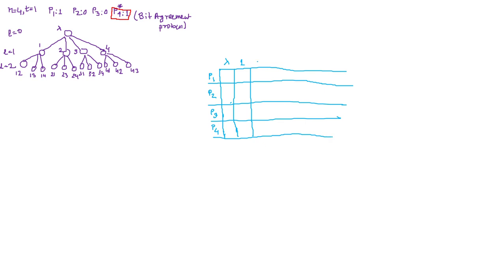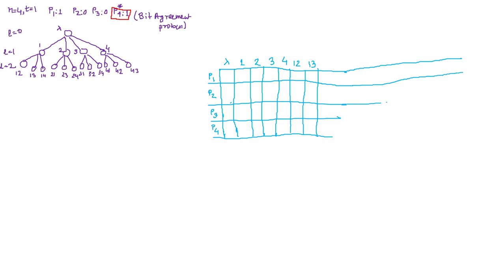Okay, there is node with level 2, node with level 3, level 4, level 1, 2, 1, 3, so we have 1, 2, 1, 3, 1, 4.